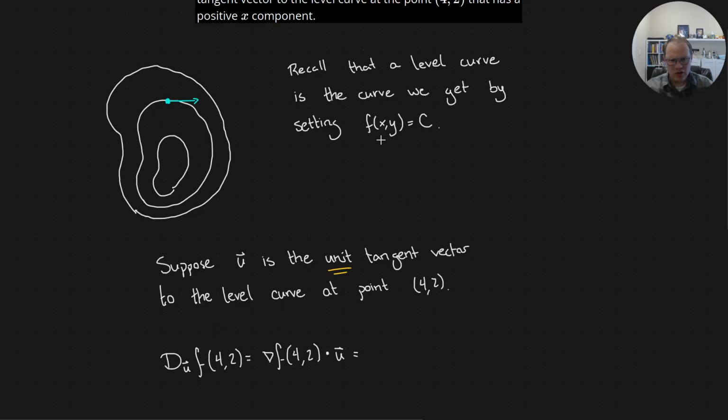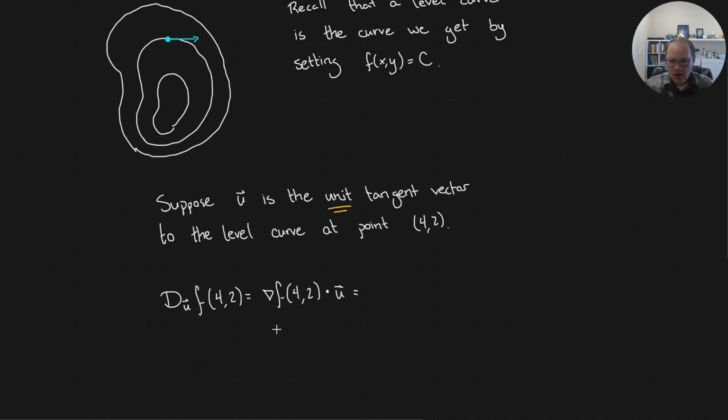Well, if this is a level curve, then f is constant along the level curve. So if I'm pointing tangent to the level curve, then at that exact moment, in that exact direction, function f shouldn't be changing at all. The derivative should be 0, right? The directional derivative should be 0.